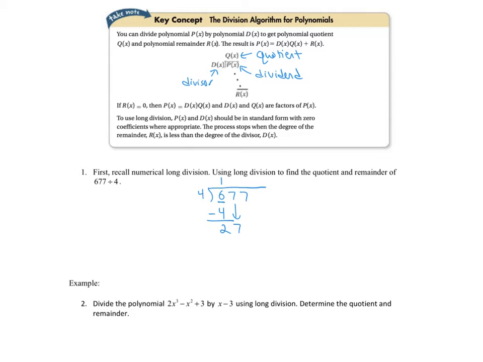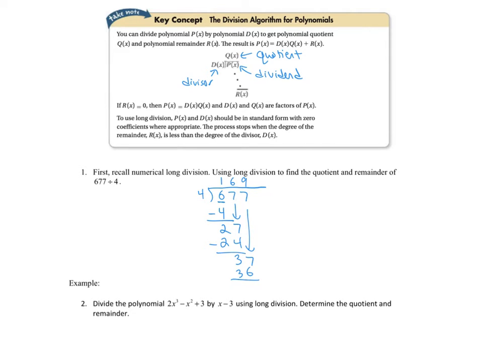Now I take that 4, the divisor, and divide it into 27. Or I ask myself, how many times does 4 go into 27? And 4 times 6 is 24, so it goes in 6 times. Then I multiply the 6 by the 4, and we get 24, subtract, we get 3, bring down the 7. Now I see how many times 4 goes into 37, and that's going to go in 9 times. 9 times 4 is 36.